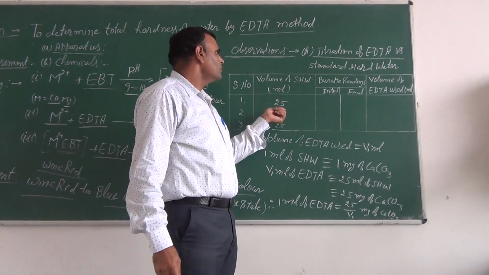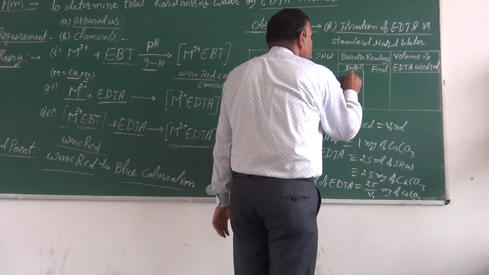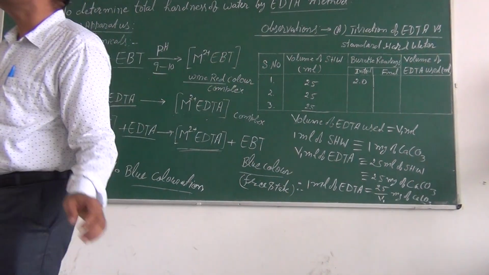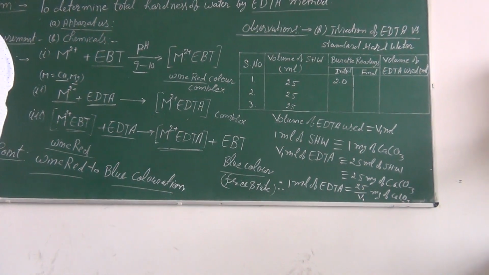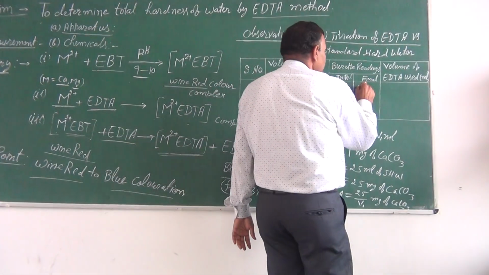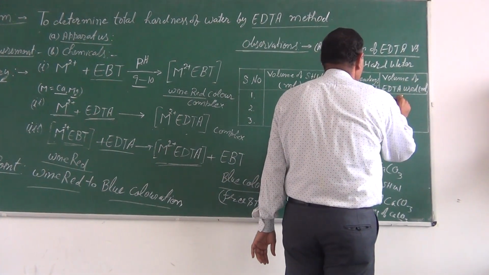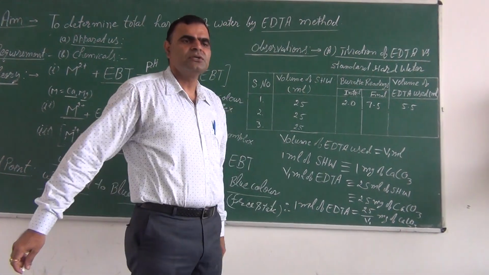We have taken 25 ml of standard hard water and our initial reading was 2.0 ml and the final reading is 7.5 ml. It means 5.5 ml of EDTA is used.